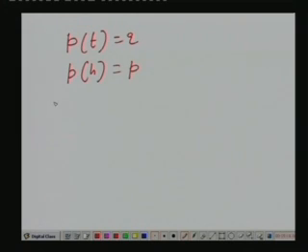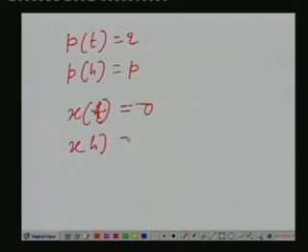So we have just two experimental outcomes here, T and H. Now, suppose there is a random variable x which takes the value X(T) is 0 and X(H) is 1.